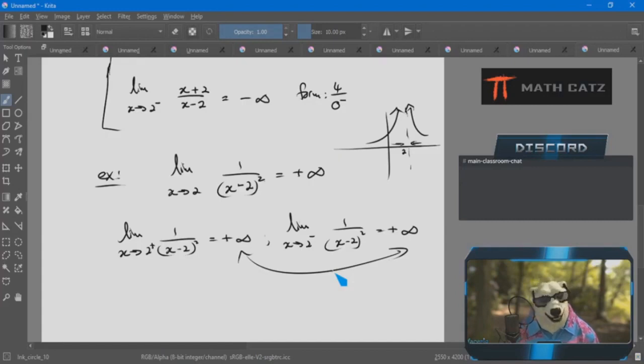So just a few more examples, and it will hopefully demystify this if you're not sure. This was a little bit rushed. I just wanted to finish the story here, but more examples will show the link between the one-sided limits and the two-sided limits, because there's a very strong link. It's the same question.